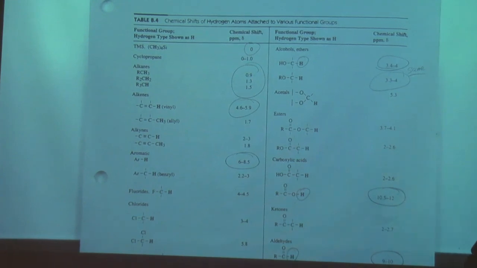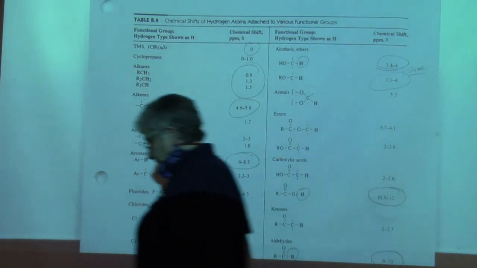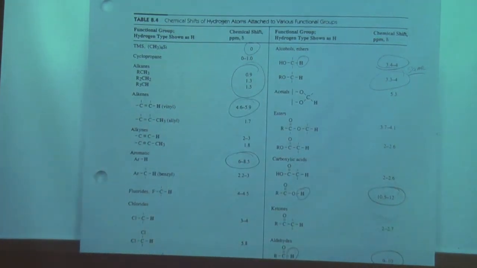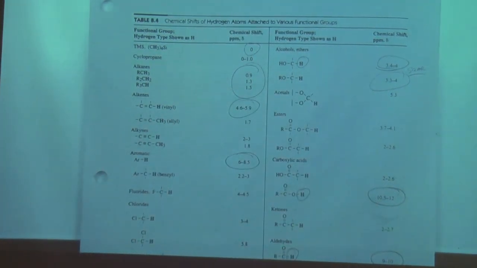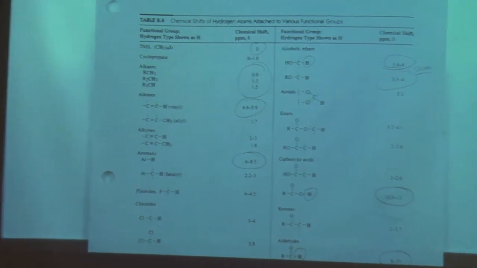So there are 3 things that proton NMR can tell us. One of them is chemical shift, right? It's easy just to look at what the chemical shift of your peaks is. Let me try to see if I can move this over here for you to see.